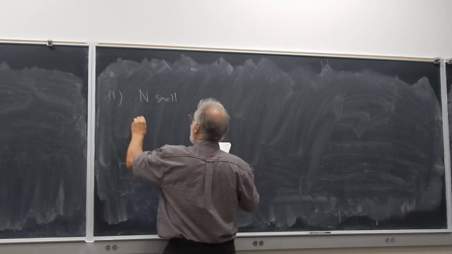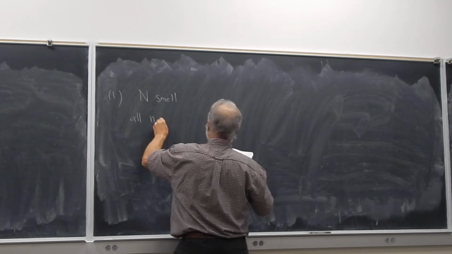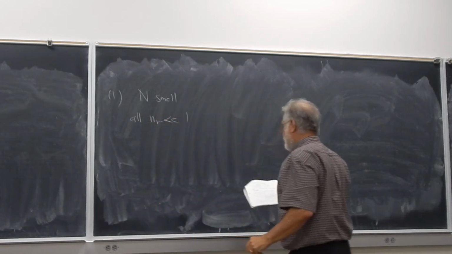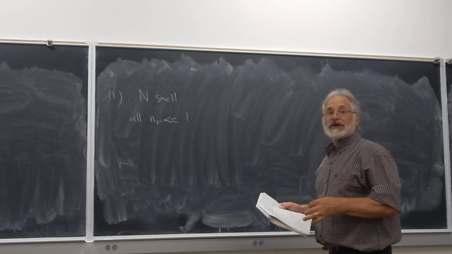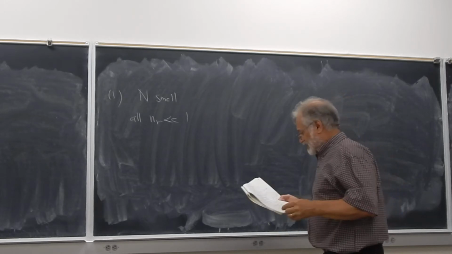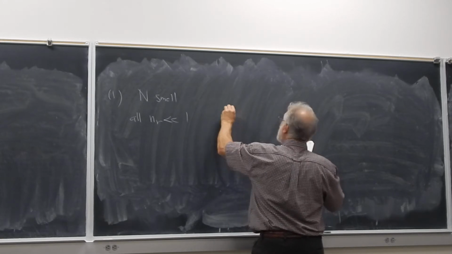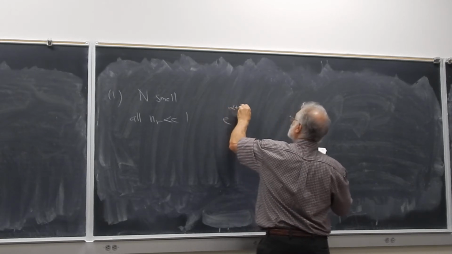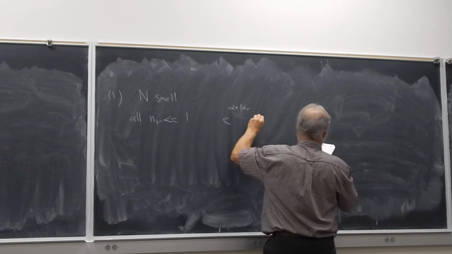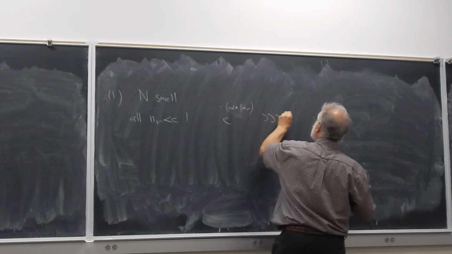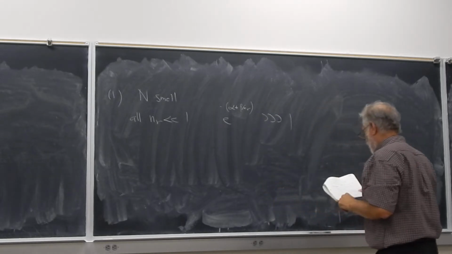That means that all of the n sub r are much, much less than 1. And that means we don't have many particles in any one state or any of the states. What that means is e to the alpha plus beta e sub r is going to be much, much greater than 1 for all r.